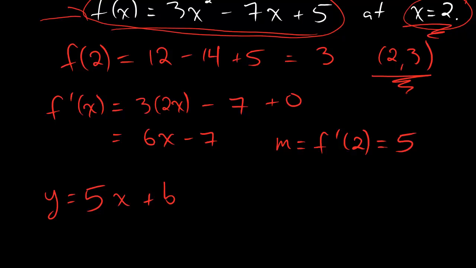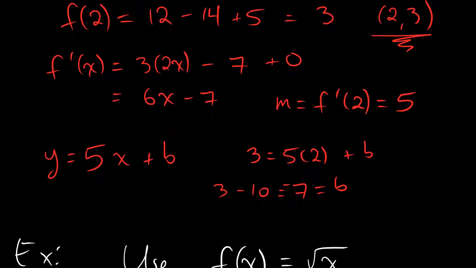We know what a point on the line should be, so we can actually plug that in. Change the y value to 3, change the x value to 2, and that lets us solve for b. So we've got 3, we subtract that 10 on both sides. 3 minus 10 is negative 7. And that's what our b should be. So our b should be negative 7. Our final equation is y equals 5x minus 7.